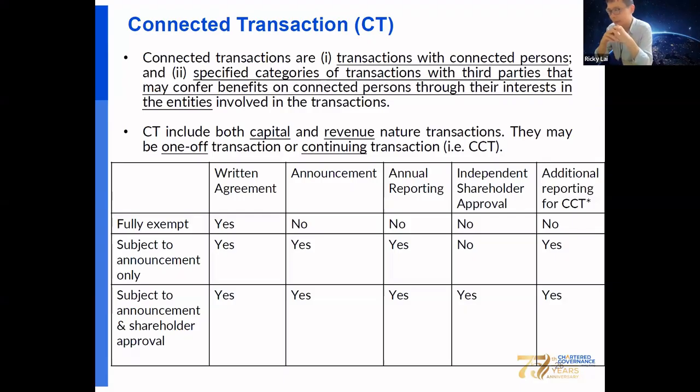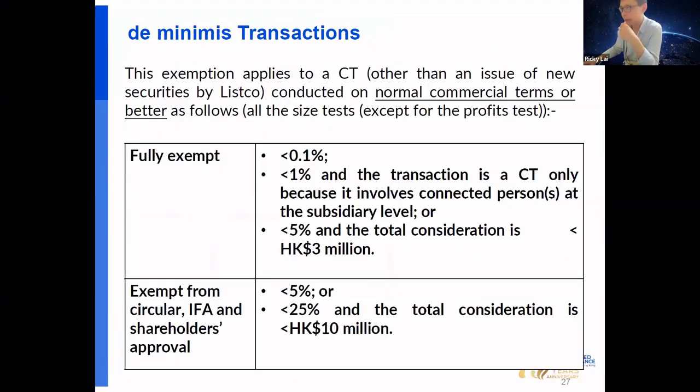Anyway, there is no independent shareholder approval requirement. If there is no exemption, then the listed company must conduct everything: written agreement, announcement, annual reporting, independent shareholder approval, and for CCT, please also review on an annual basis.